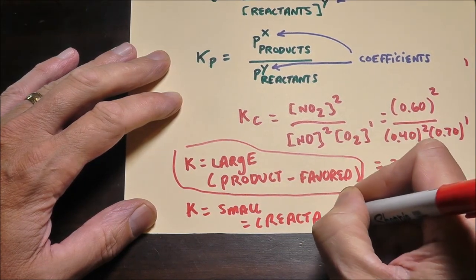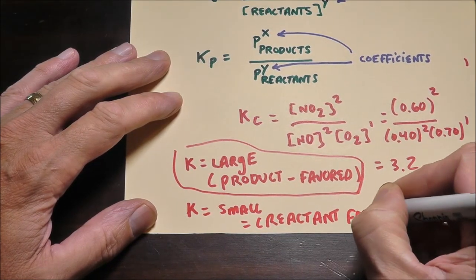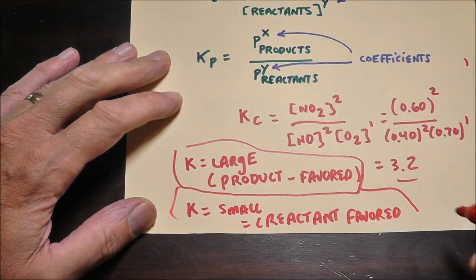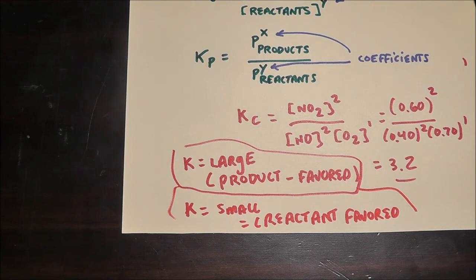The size of K is really determined by the stability of the products or reactants. Something that has a small K, you'd say nature tends to favor the reactants more than the products. And if something had a big old K, we'd say nature wants to form more products than reactants. So the K value tells you a lot just by looking at it.